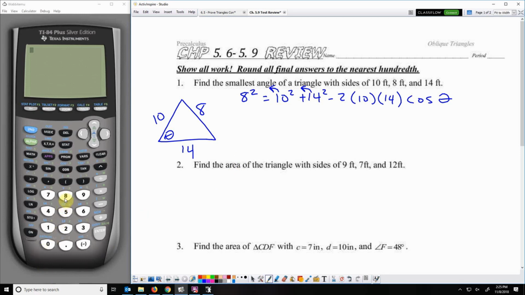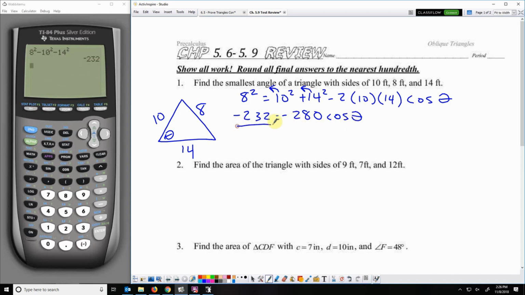Or I can just type it in like this: 8 squared minus 10 squared minus 14 squared. So that's negative 232. Then negative 2 times 10 times 14. So 10 times 14 is 140, times negative 2 is negative 280.